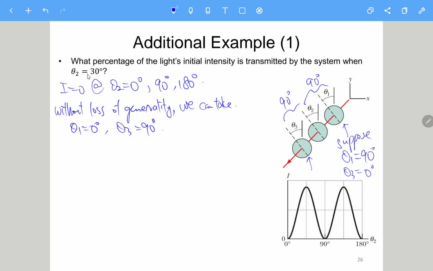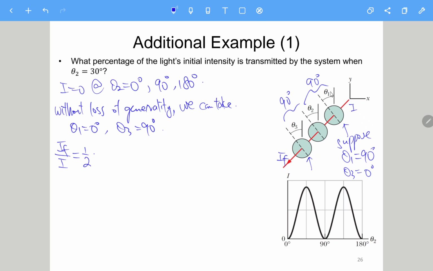So here, we call this one I_F, and I_F over I is here. After going through the first one, it should be multiplied by 1/2 because originally it's unpolarized. So we have a 1/2 factor.